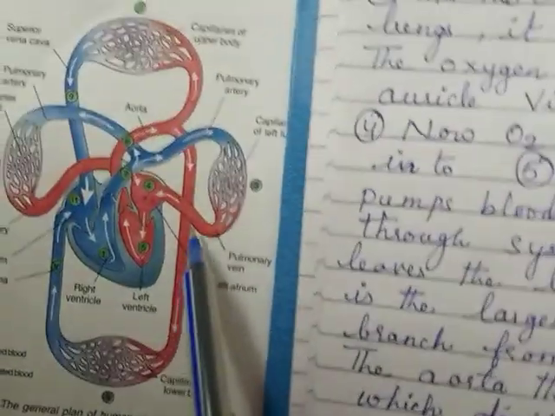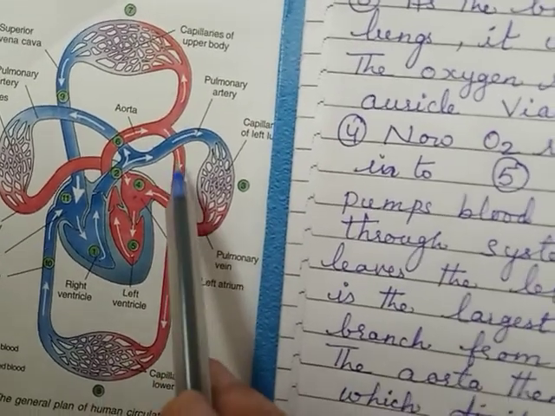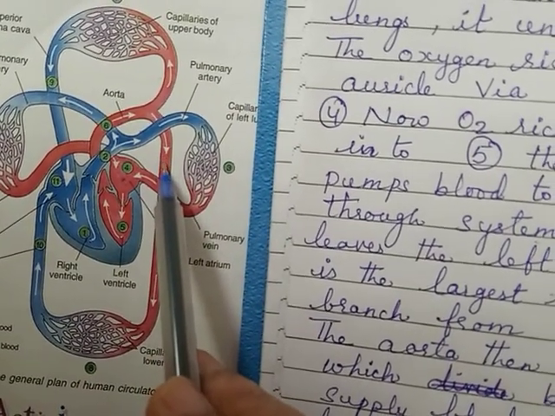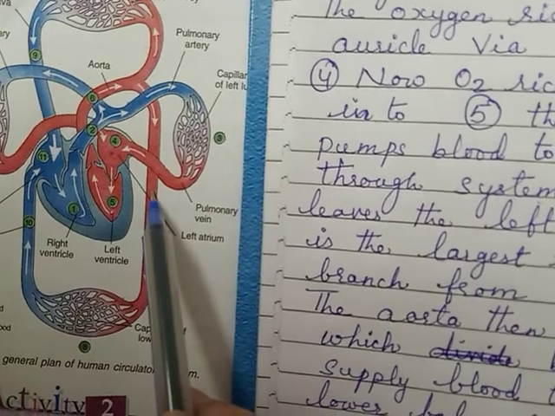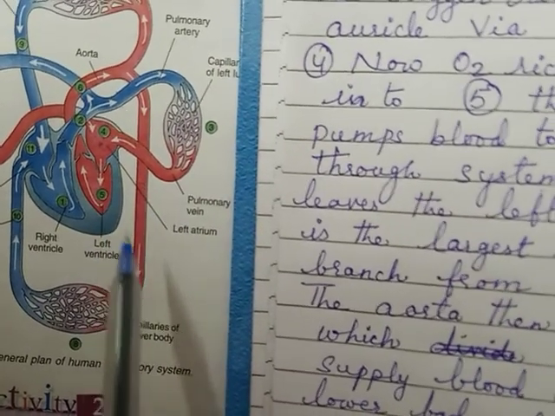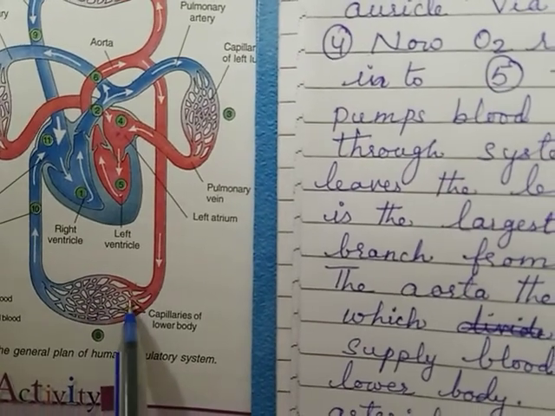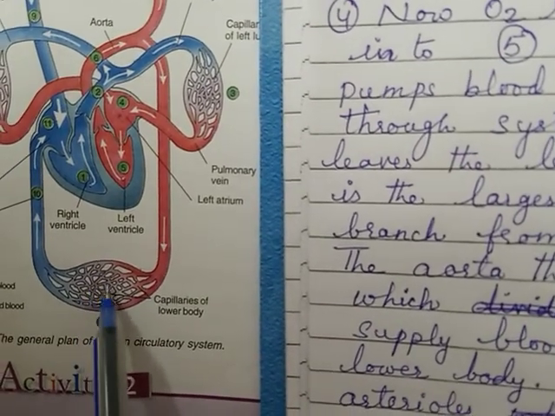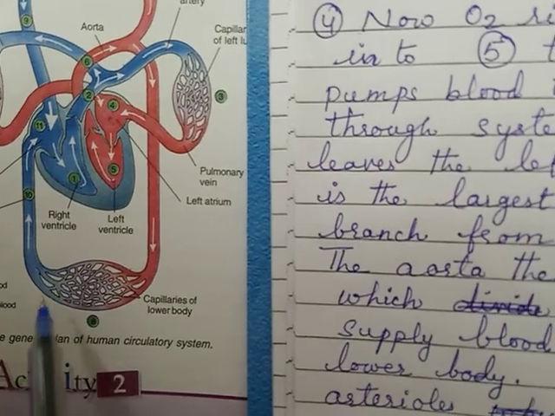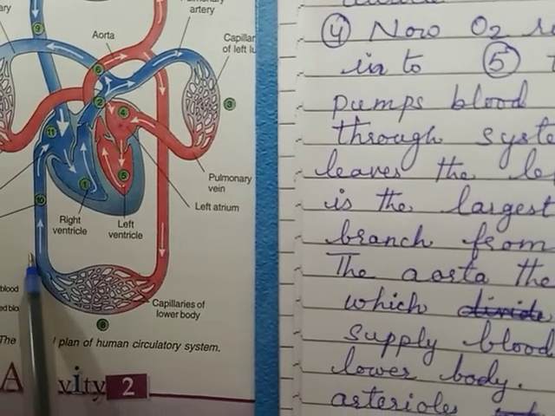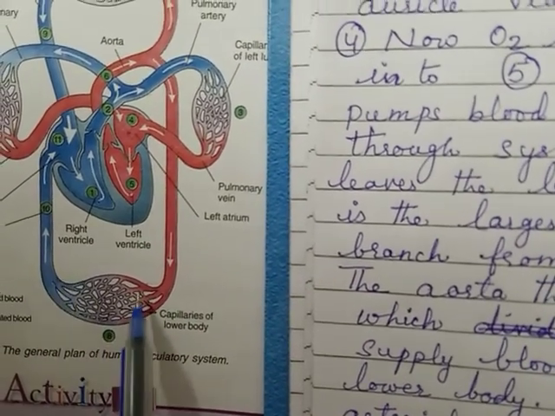Now see here, this is the aorta, which has branched into several arteries, and they carry the blood into the arterioles and then to the capillaries. Then the capillaries here rejoin to form the venules, and venules join to form the vein, which brings the blood back.